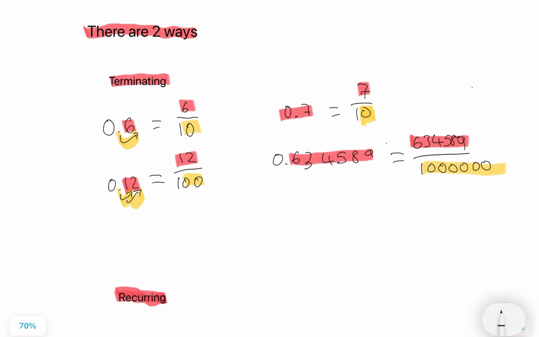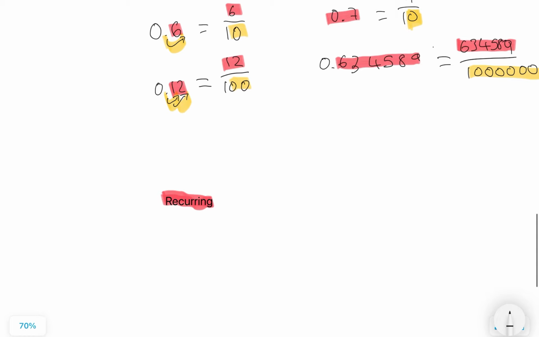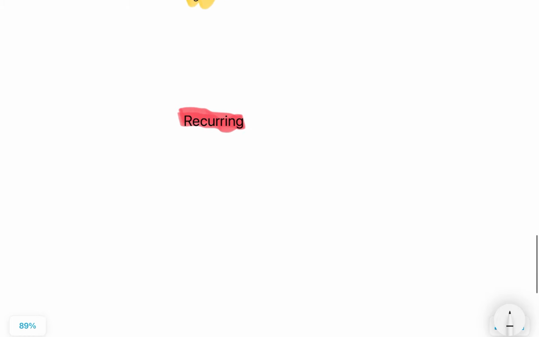So it's fairly easy. But then there are recurring decimals. Just to give you a quick preview, recurring decimals are decimals like 1.1 with a little dot on it. So this is what recurring decimals look like: 0.5 and then a little dot, and this dot represents infinite fives after the 0.